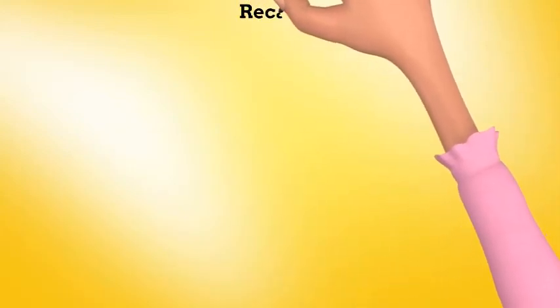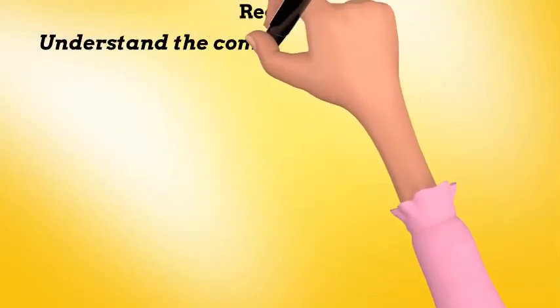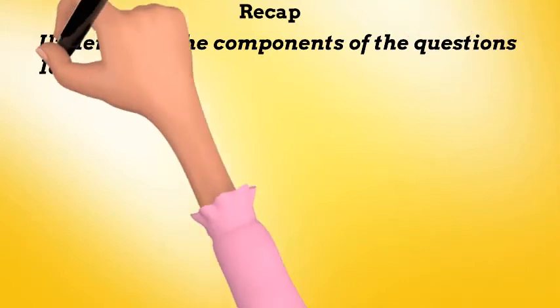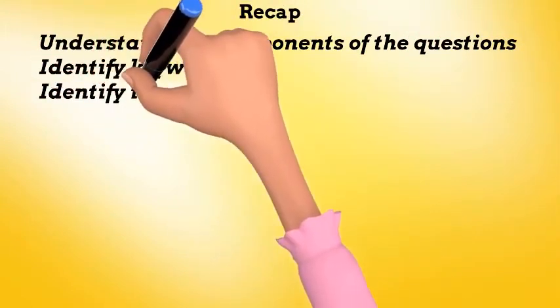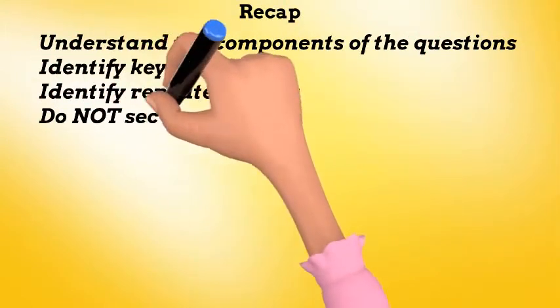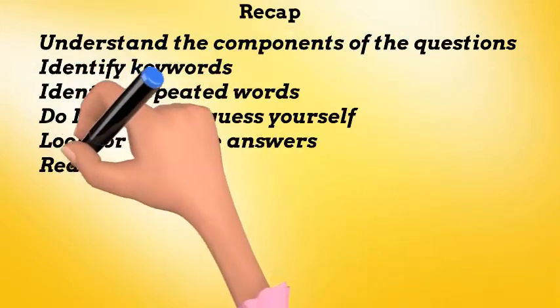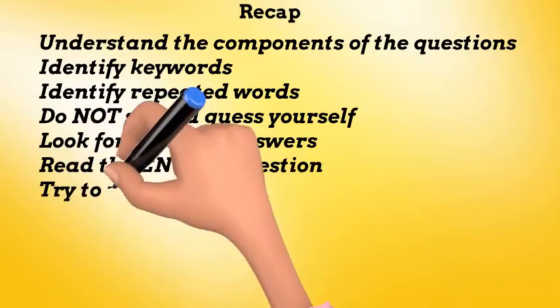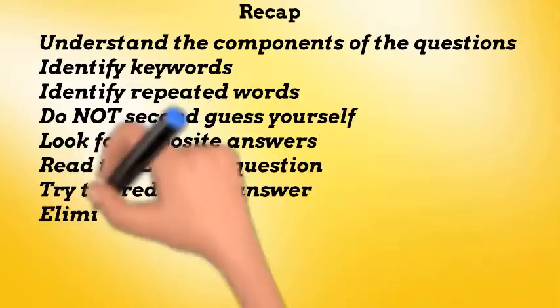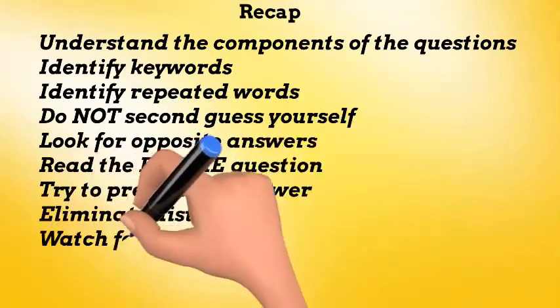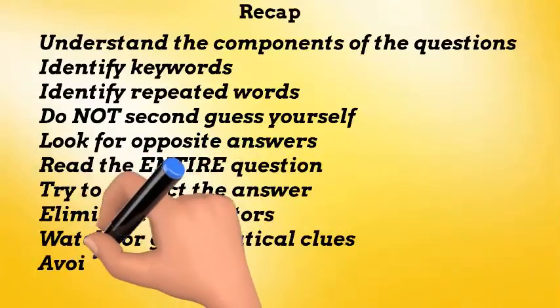Okay, so now for a quick recap. Understand the components of the questions, identify keywords, identify repeated words, do not second guess yourself, look for opposite answers, read the entire question, understand what the question is asking, and try to predict the answer.